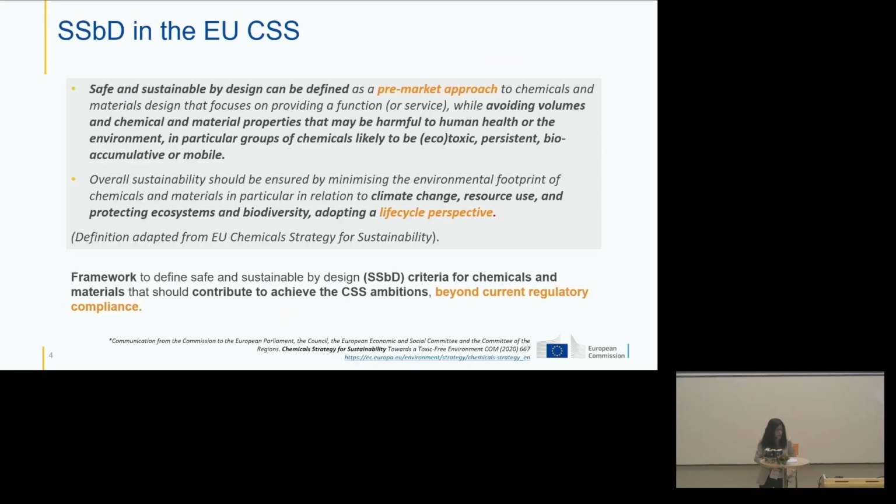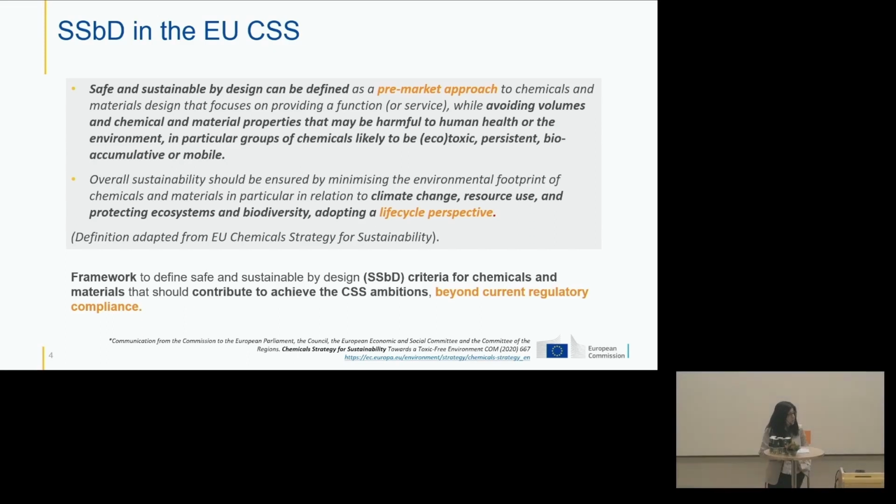But first, I would like to talk a little bit about some important concepts that are useful to remember in order to understand the framework and how it is implemented. And here in this slide, we have how the CSS defines the SSbD approach. It defines it as a pre-market approach, meaning that safety and sustainability dimensions need to be taken into consideration already in the design process of the chemicals, materials, and products, and not afterwards, as has been done so far, when we need to place them on the market.